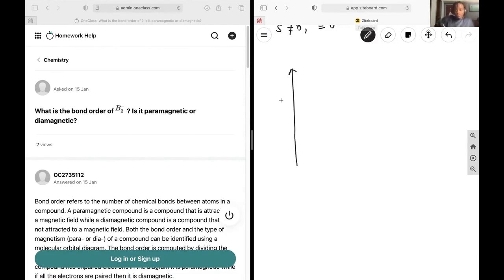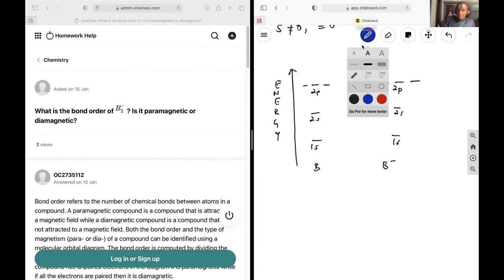I'm going to have energy increasing that way. I'm going to have B and B minus. Let's fill in the atomic orbitals.